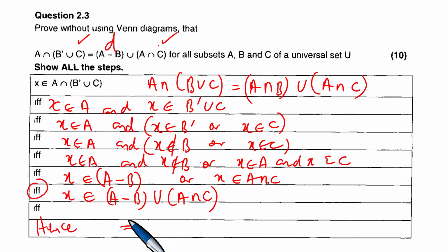The if and only if is also called a biconditional, and a biconditional is an implication in both directions, left and right.